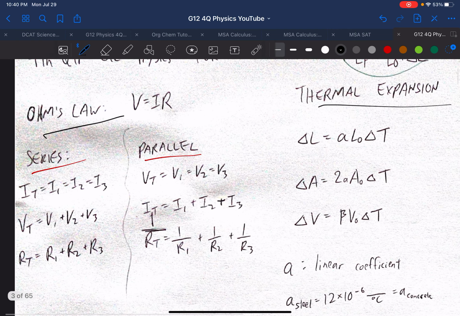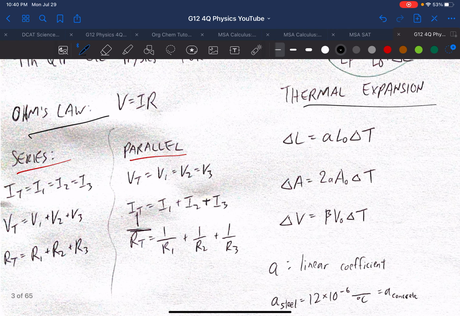For a series circuit, it is recognized that the current is constant. Therefore, total current is equal to current 1, current 2, and current 3, assuming that you only have 3 currents in a certain scenario.